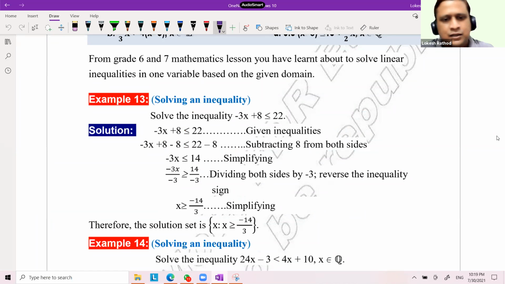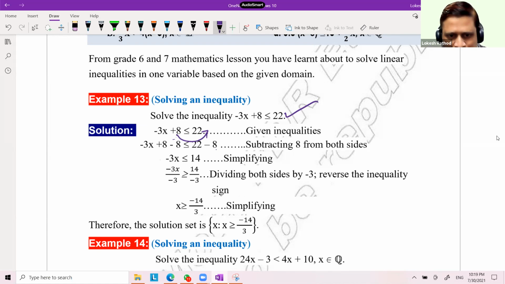Linear inequality. So solving a linear inequality and solving a linear equation is almost the same thing. The only thing you need to consider is these two rules whenever you are multiplying or dividing by a negative number. Here, as you can see, if you want to solve this inequality, first 8 is subtracted from both sides. You can say that 8 goes to that side.